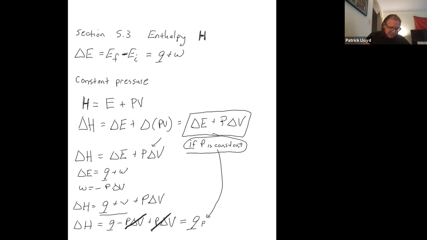It is essentially a measure, again, of the amount of energy that a system has, or the change in energy that it has.